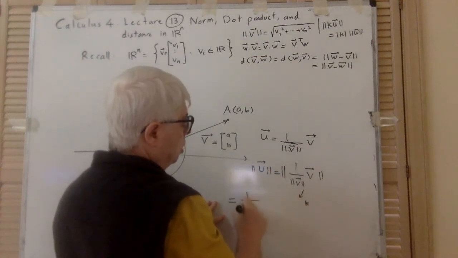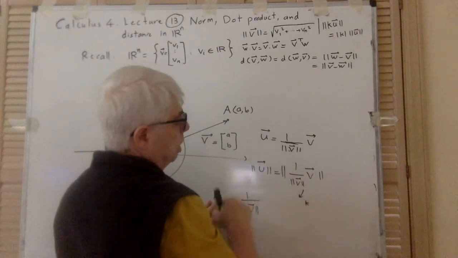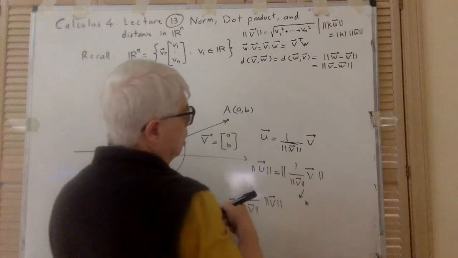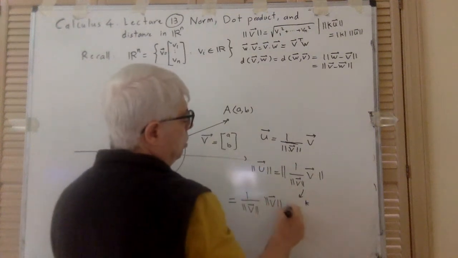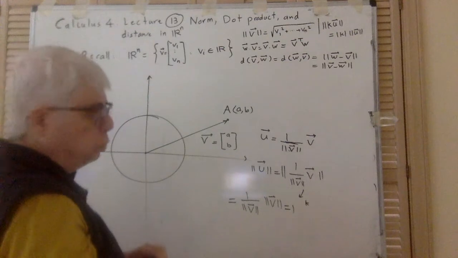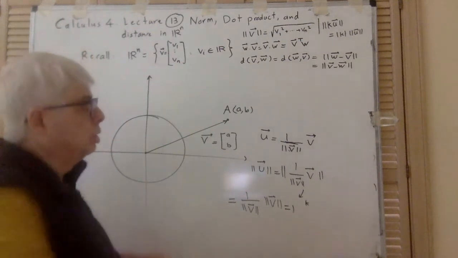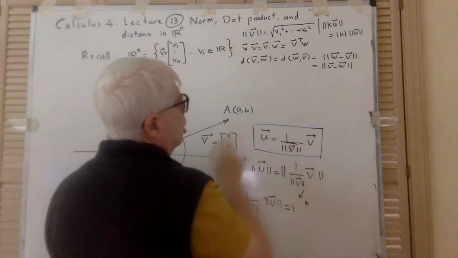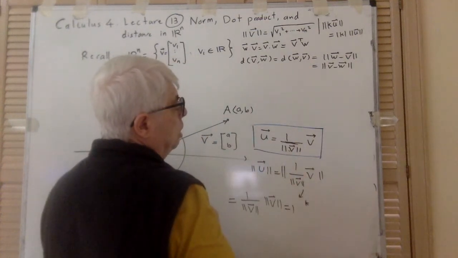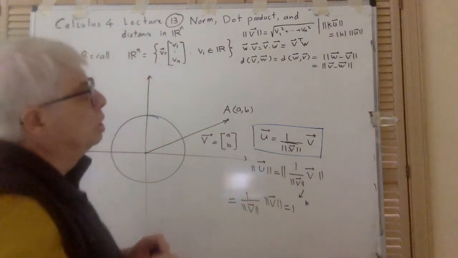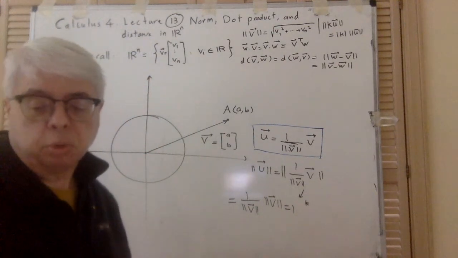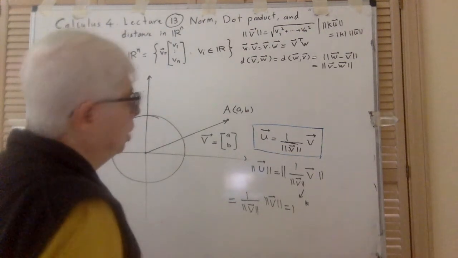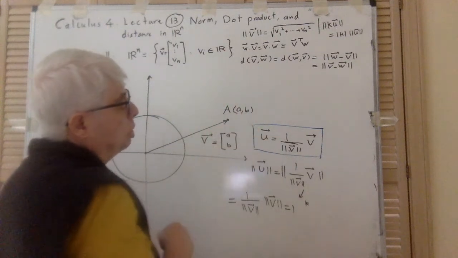So the norm is 1 over the norm of v times the norm of v, and I'm assuming that v is not 0. So this will be 1. So this vector has norm 1, so it is a unit vector. That's how, given any vector, you can come up with a unit vector in the direction of that vector.